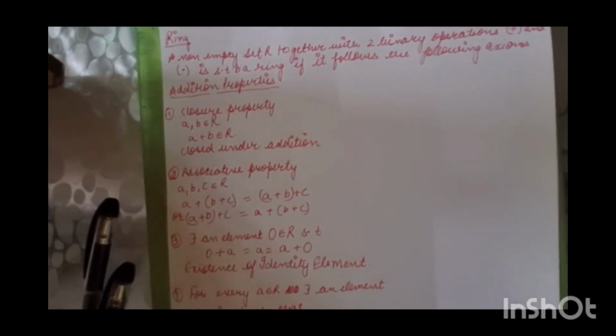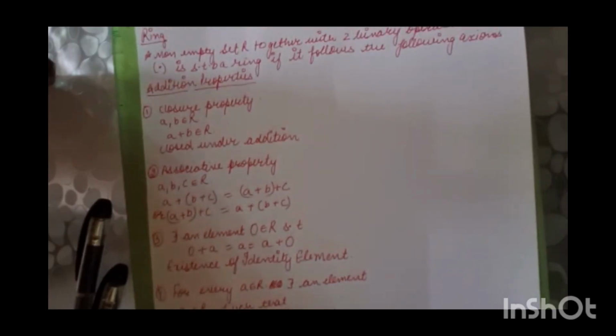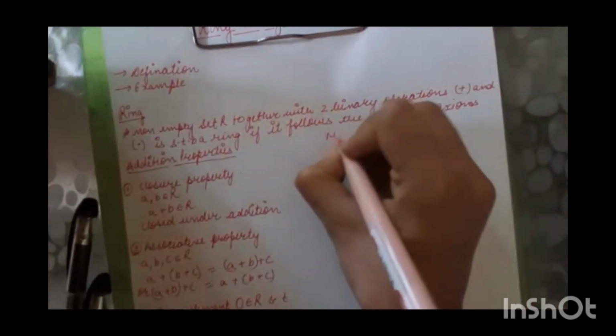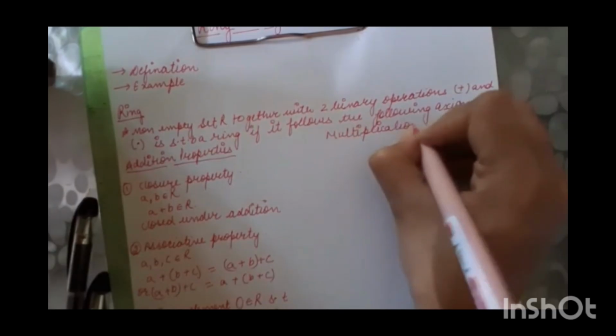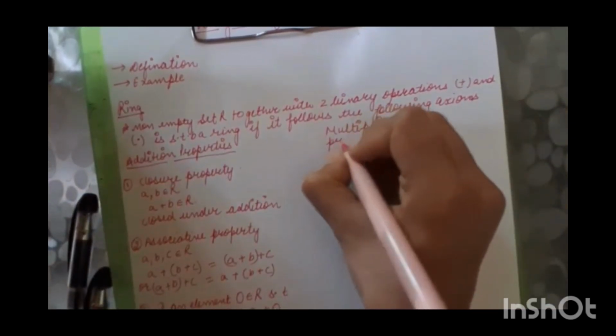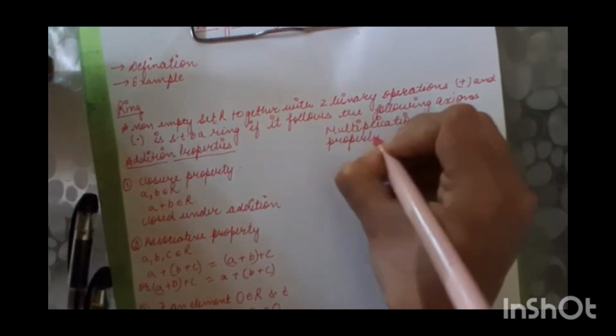Now, these 5 properties were the addition properties. Now for the multiplication properties, I'll write it here only. What are they?